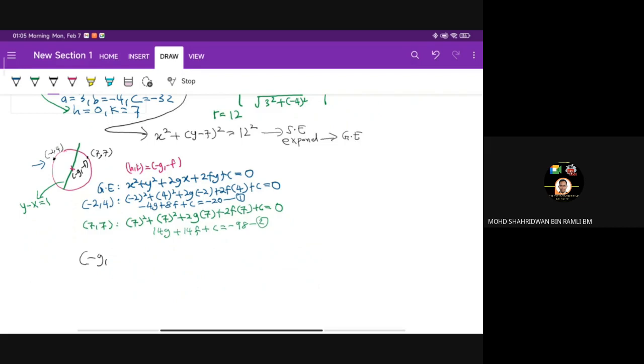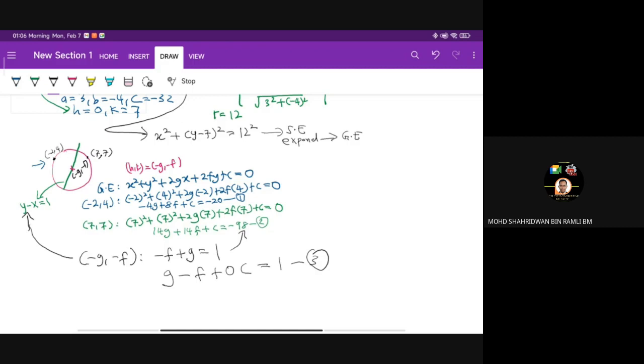Because (negative g, negative f) lies on this straight line, we substitute into this equation. So y is negative f, minus x which is negative negative g, so plus g equals 1. Then when we sort it, we will have g minus f plus 0c equals 1. So this is our third equation.